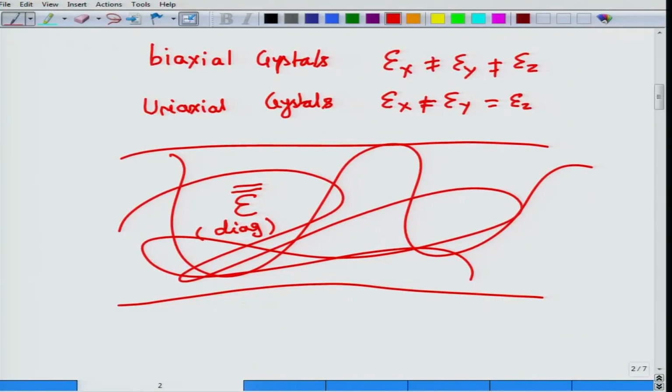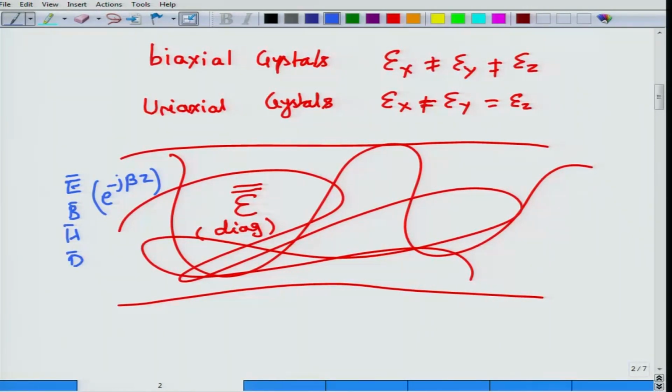Okay. Now, if I assume that all the field quantities E, B, H and D are propagating along the z direction, and along the z direction the propagation of the fields is governed by the phase relationship e to the power minus j beta z.